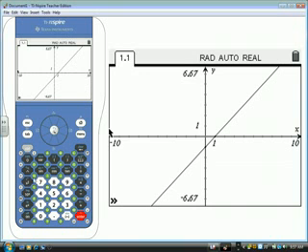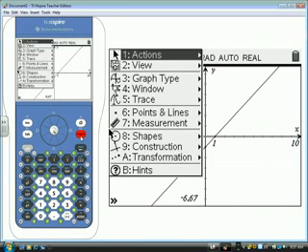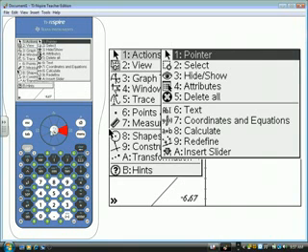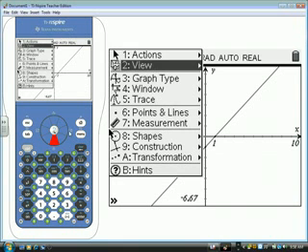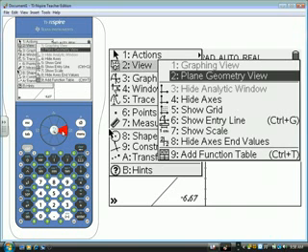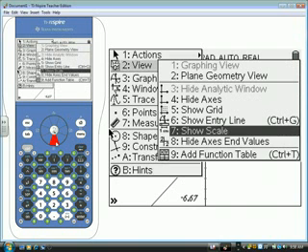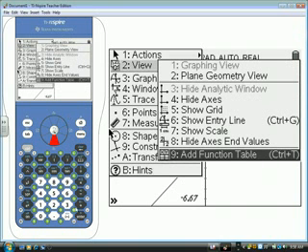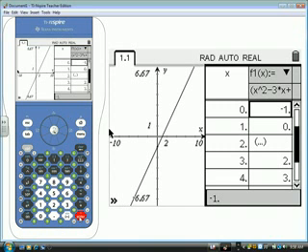On the Inspire, what we do is we press menu. I haven't done this in a while, so just 1 second. Here we go. You go menu and do number 2 for view. And then down at the bottom, it has add function table. If you press enter, it puts a table over there.